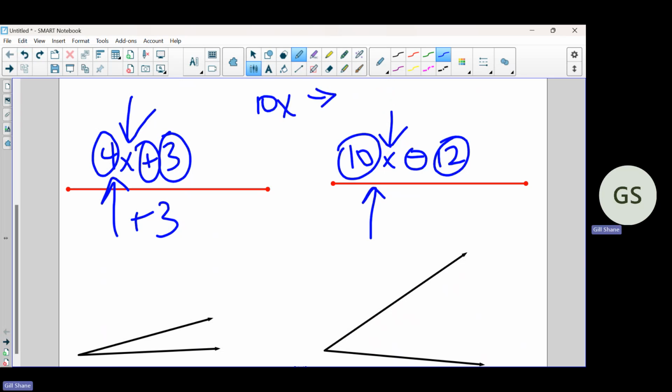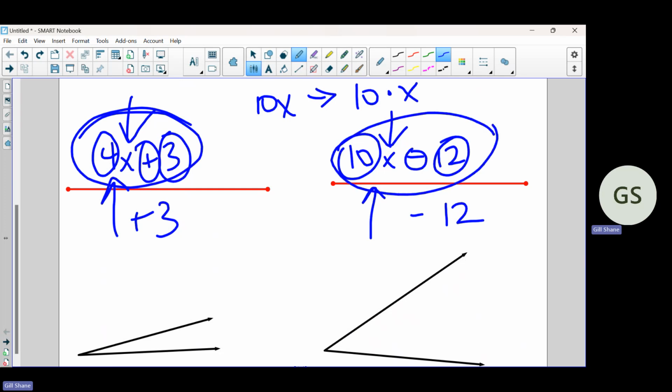So I'd multiply it times the x, and then I would subtract 12 over here. But in either case, after I do all that math, if I can solve for x, then I would get the same number if I knew those two red lines were the same number at the beginning.